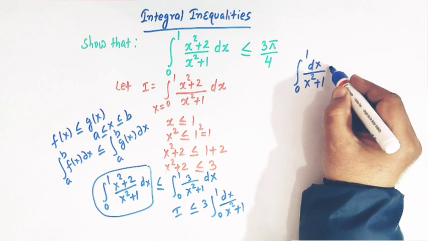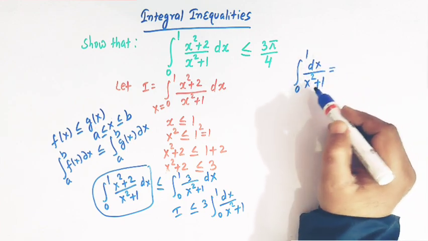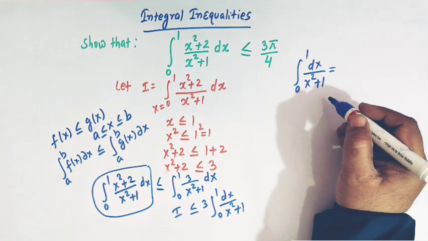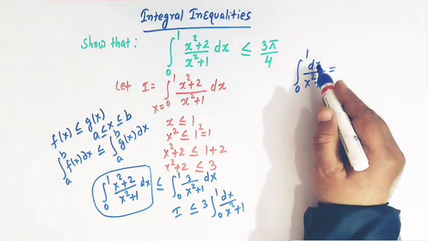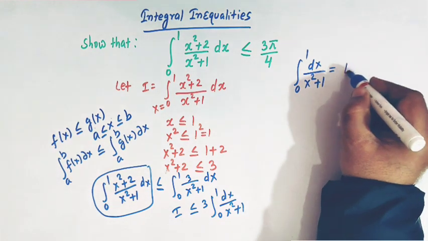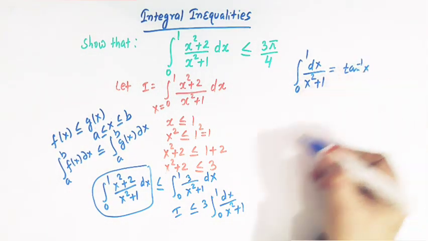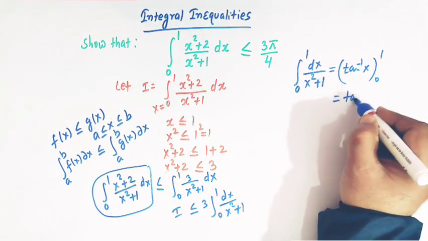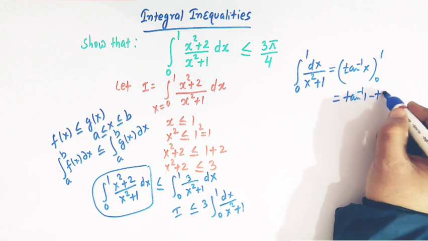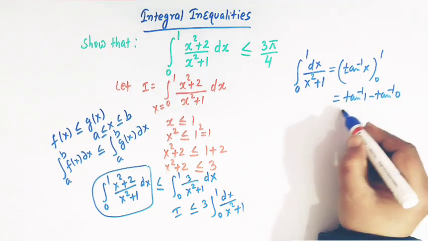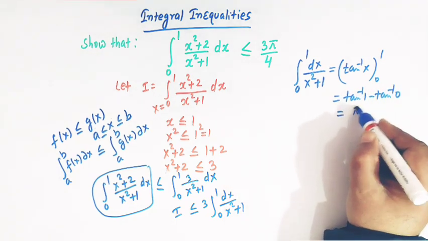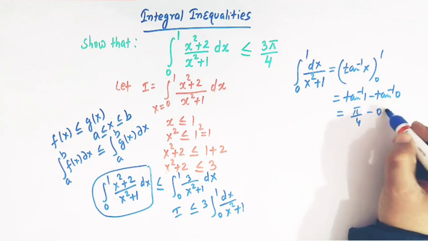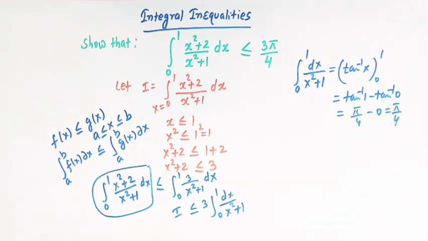This is a very elementary integral in integral calculus. The integral of 1 over (x square plus 1) is tan inverse x, and the limits are from 0 to 1. So we have tan inverse 1 minus tan inverse 0. This is pi by 4, and this is 0. So here we have pi by 4.